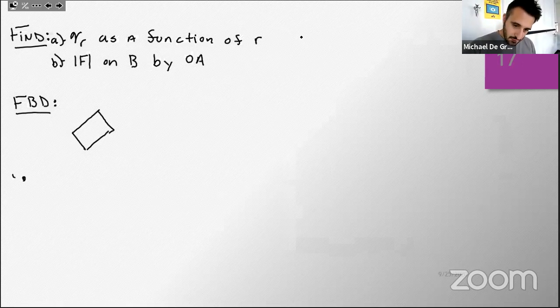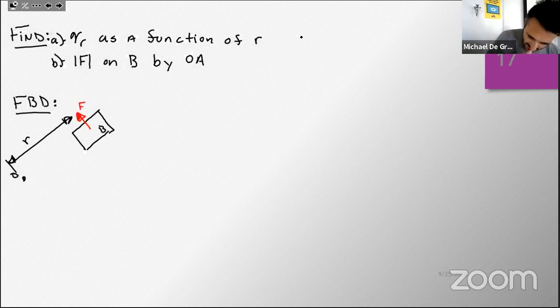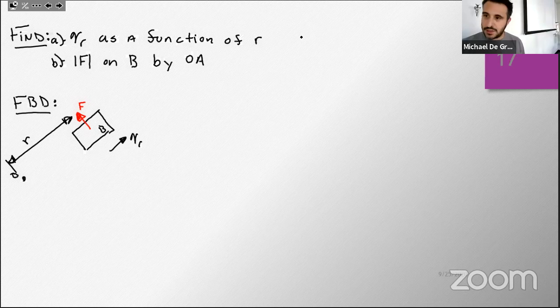Here's point O down here. We're going to say that this distance from here to here is known as R. R is changing. It's not fixed. This is block B. We have some force here that we're going to call F. What is that force? Here's my velocities in this direction.